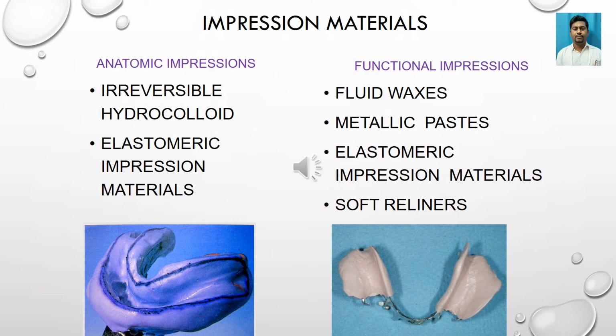For a functional impression, we make use of fluid waxes, metallic pastes, elastomeric impression materials, and soft liners. Under elastomeric impression materials, we might use addition silicone, condensation silicone, or polyether. Of those, we use the putty variety because putty helps us give more pressure and actually load the tissues under function.